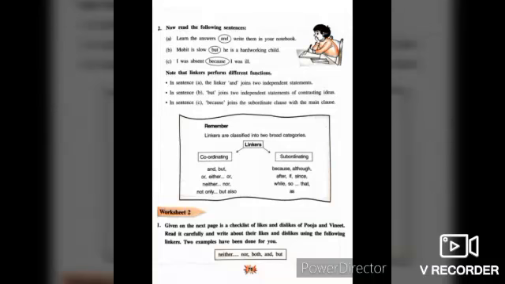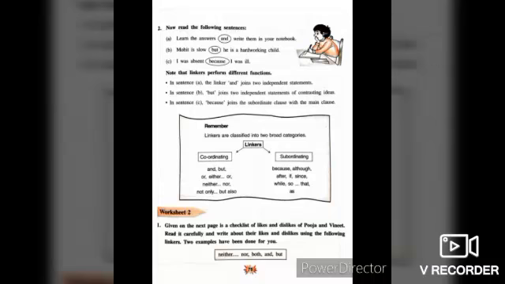So in the first sentence the linker and is joining two independent statements. That means if you want to join two independent statements together, then you will use and. Next, in the second sentence, but joins two independent statements of contrasting ideas. Whenever there is a contrast in the ideas in two statements, then we use but.